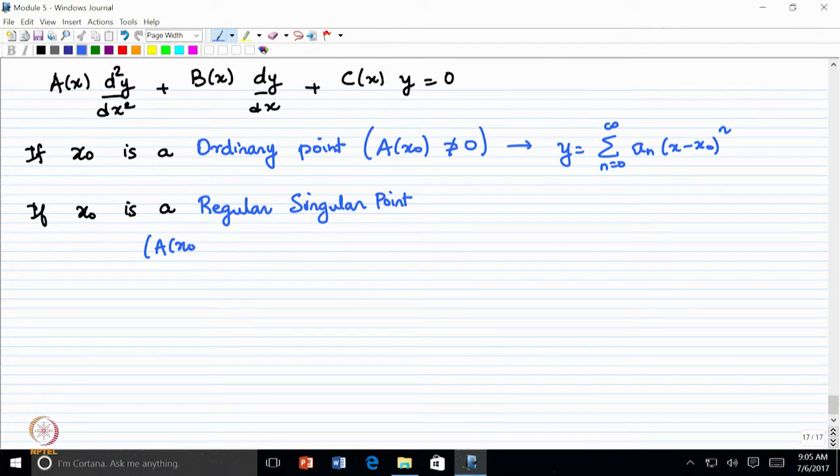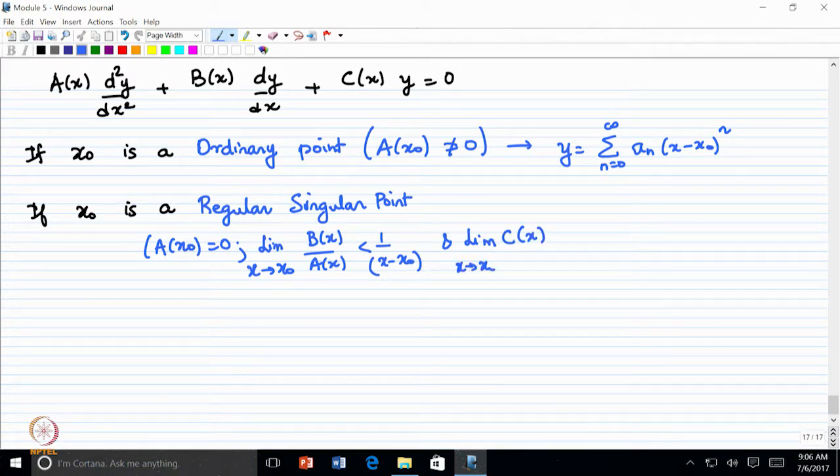A regular singular point is where a of x 0 equals 0, and the limit as x tends to x 0 of b of x divided by a of x is less than or equal to 1 by x minus x 0, and the limit as x tends to x 0 of c of x by a of x is less than or equal to 1 over x minus x 0 square.